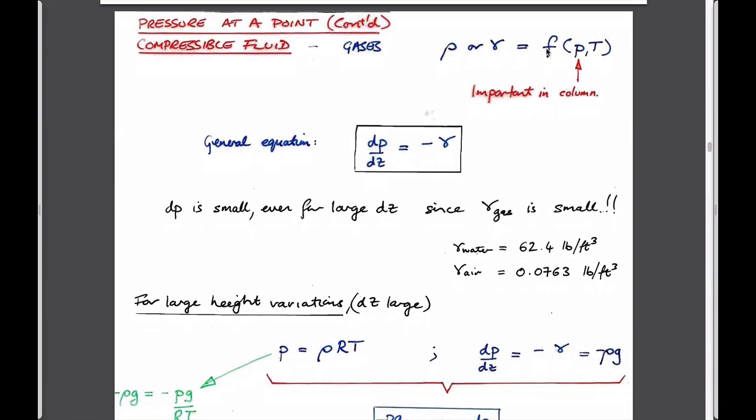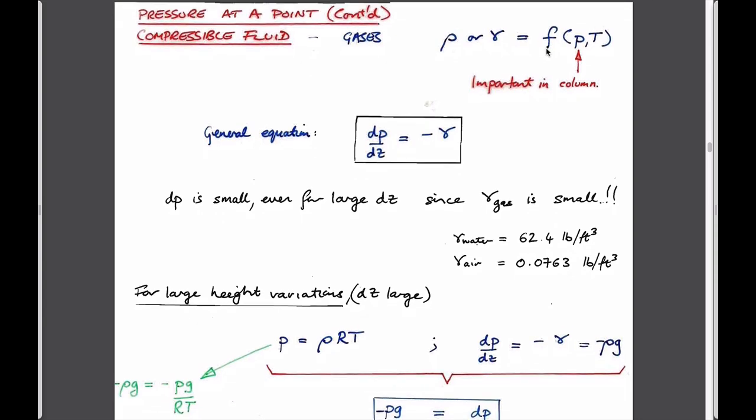If it's gases, again, the point is that this is absolutely true at a point, but not necessarily true as you go elsewhere. We know that, for instance, unit weight is equal to density times gravity.